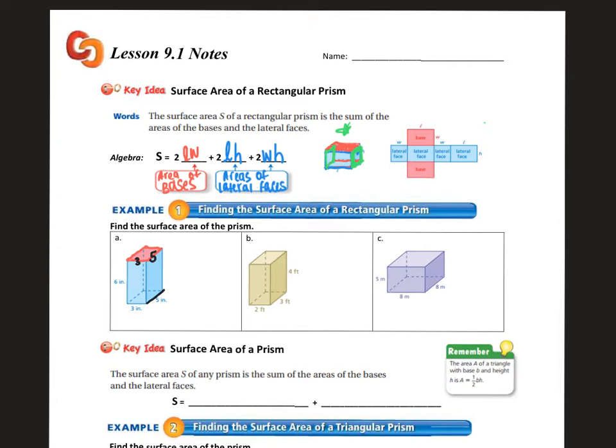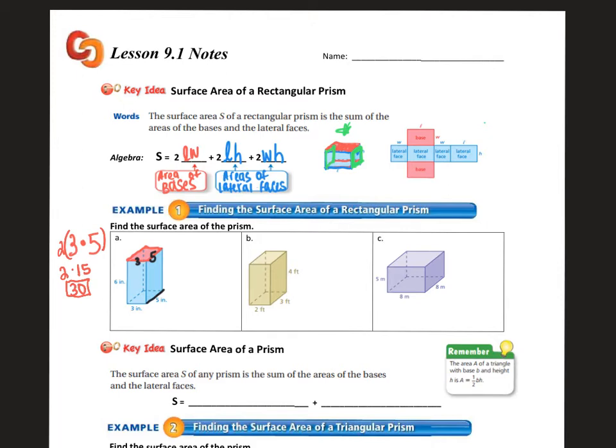The area of the base is going to be 3 times 5, and we multiply that by 2 because there are 2 of those bases. 3 times 5 is 15, and 15 times 2 is 30, so the area of both bases is 30 inches squared.